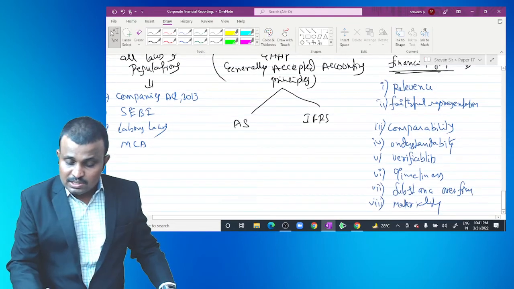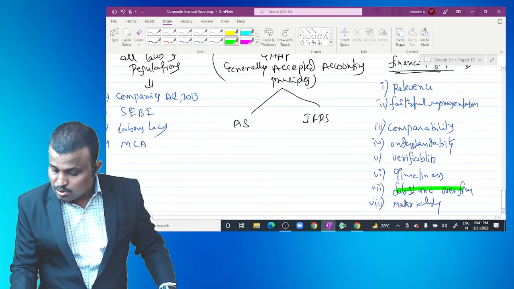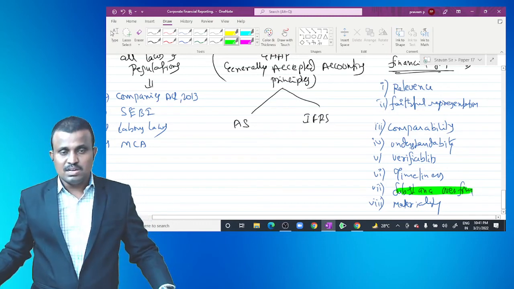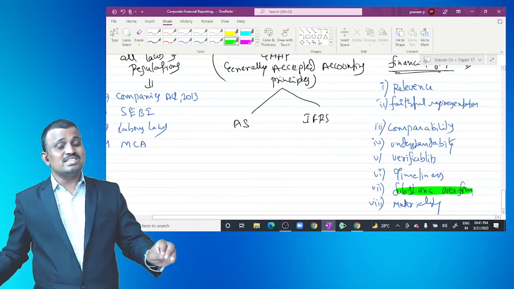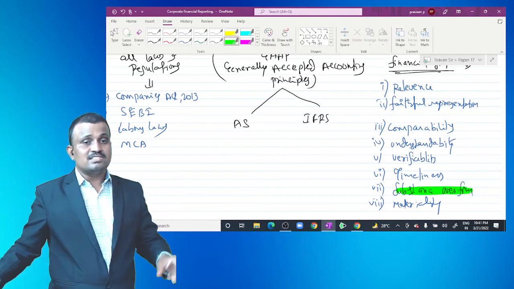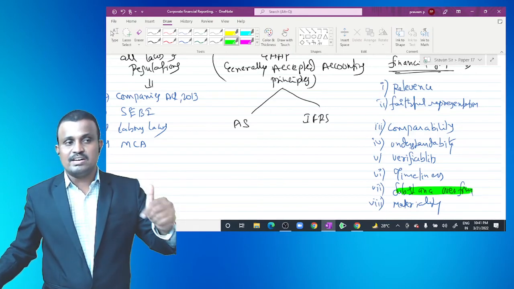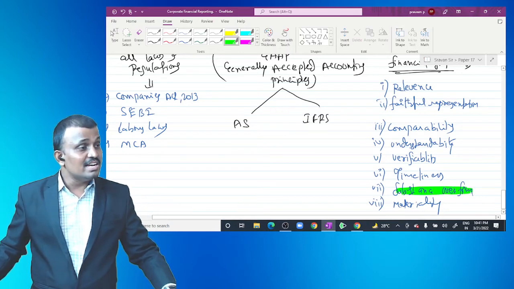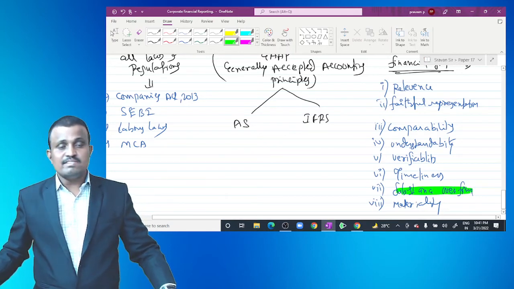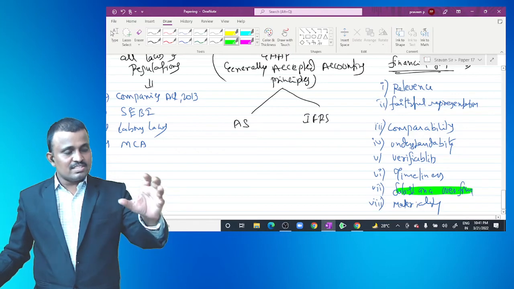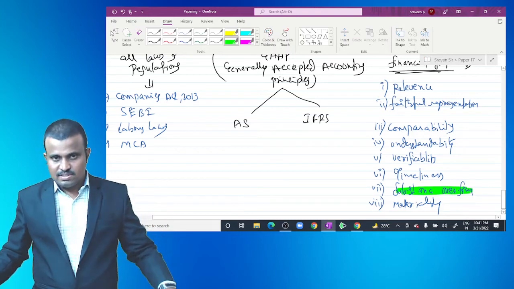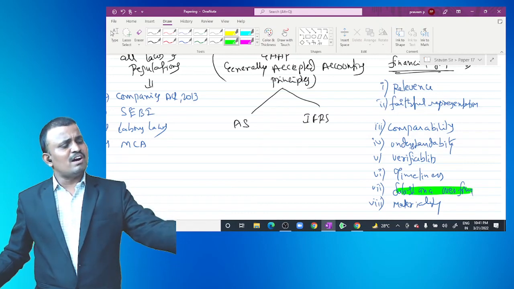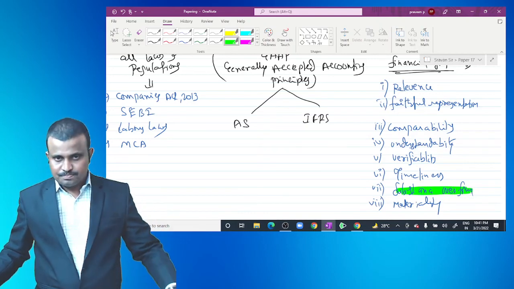Here we have one term, substance over the form. Substance over the form simply says the reality of the transaction has more priority than the legality of the transaction. I will explain it in a simple way. For example, take preference shares. Generally, preference shares form part of the share capital.